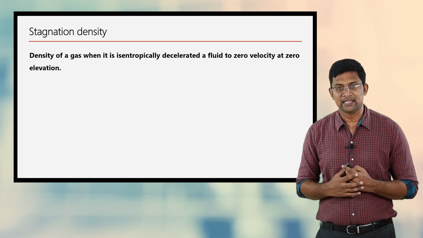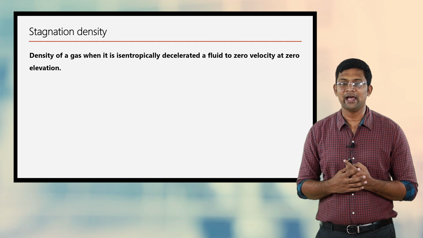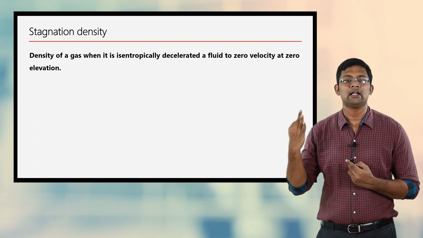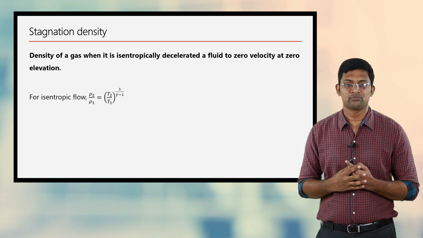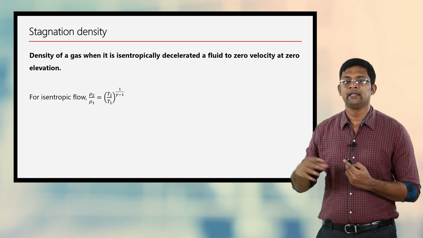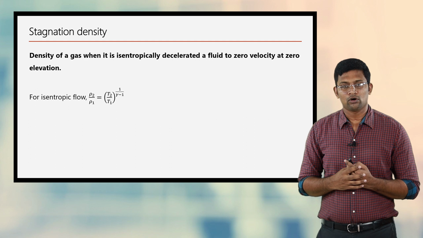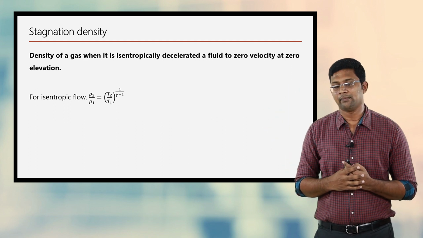Next is the stagnation density. Definition: stagnation density is the density of a gas when it is isentropically decelerated to zero velocity at zero elevation. Again, for the derivation, we are taking the expression from isentropic flow connecting density and temperature. Rho2 by Rho1 is equal to T2 by T1 all raised to 1 by gamma minus 1.